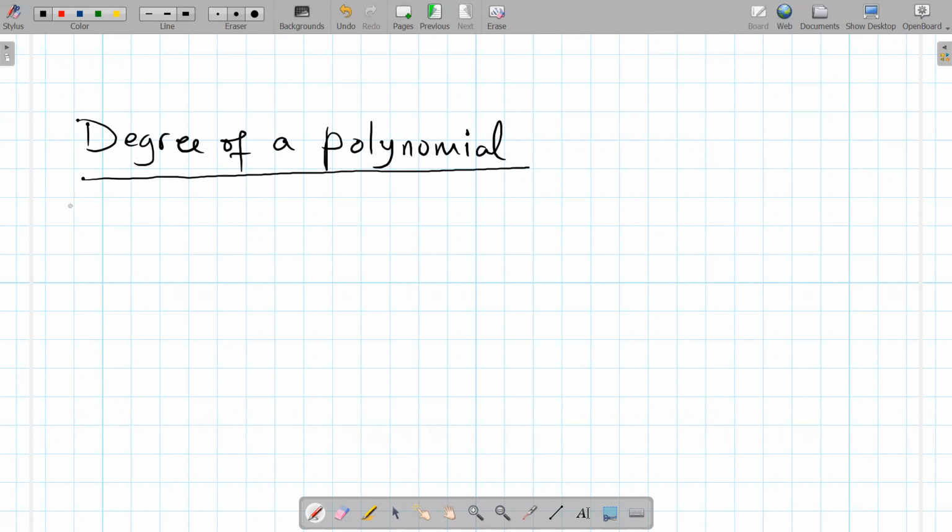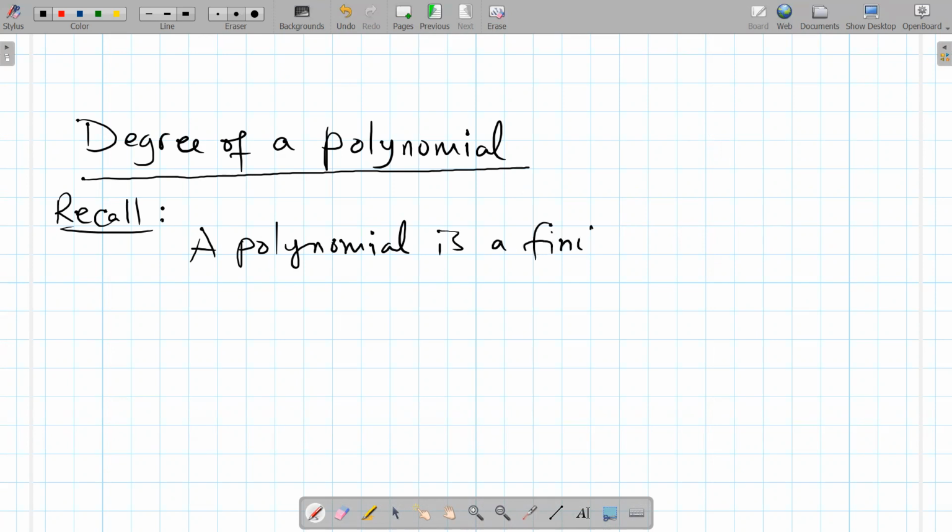So recall that a polynomial is a finite sum of terms.